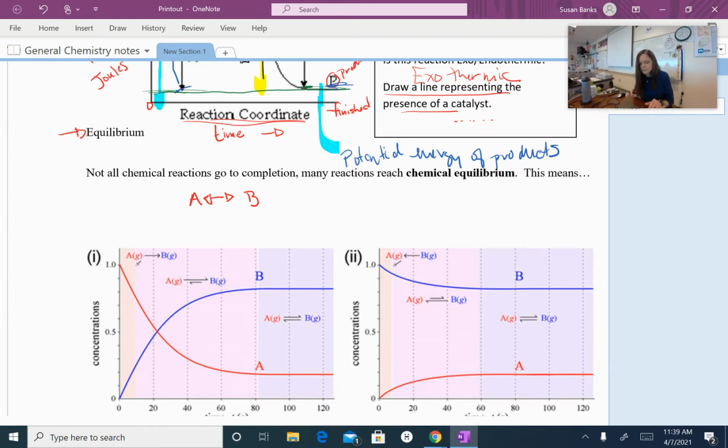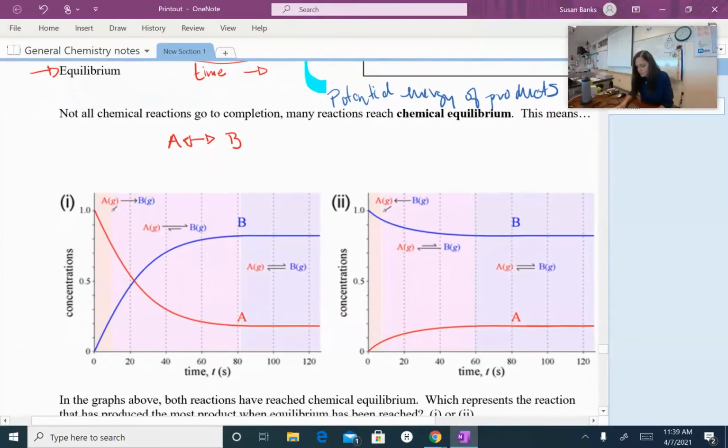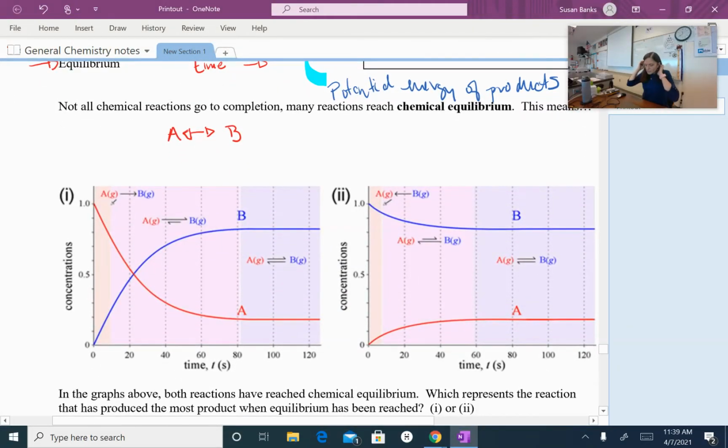Let's look at the one on the left first. So if I look at this one on the left, I'm starting with all A. I have no B, so my concentration of B at the very beginning is 0.